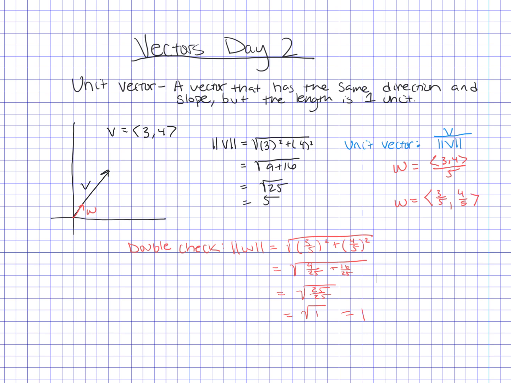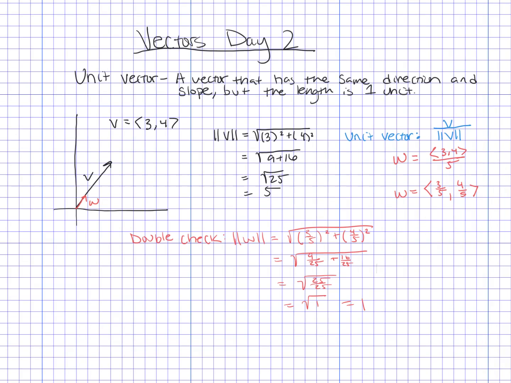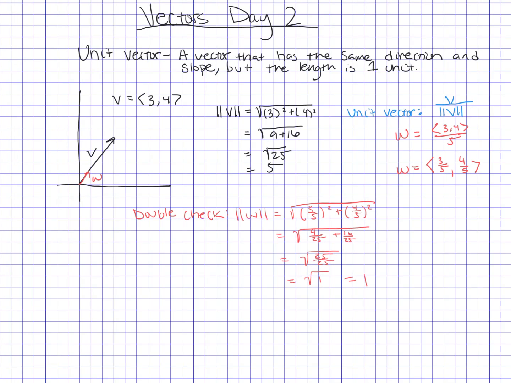If I was to have a position vector, it's denoted with variables i and j. We're dealing with 2 dimensions, so right now just 2 variables, i and j.